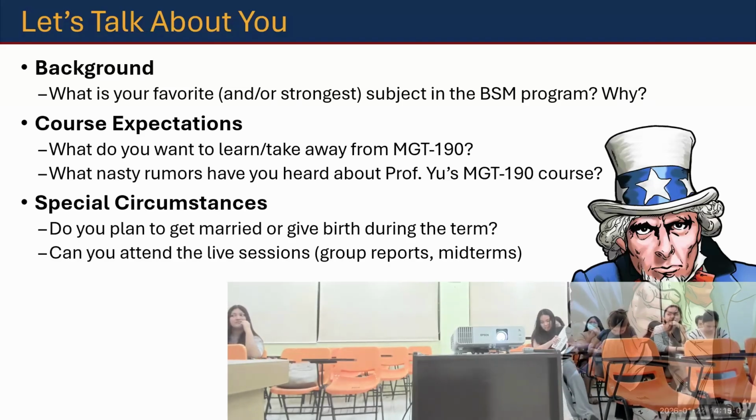Hello, guys. My favorite subject in the business program is MGT 104, Organizational Behavior. Because I like to learn about people, and it's the one with no numbers. What I want to learn in this course is how to be a boss.